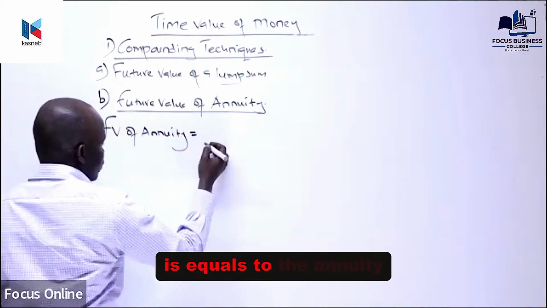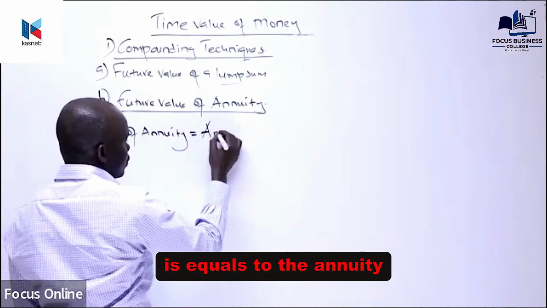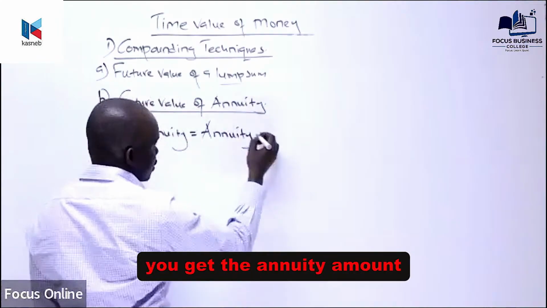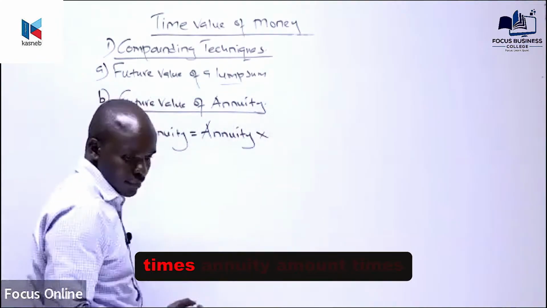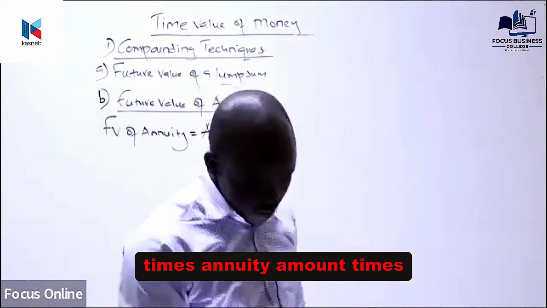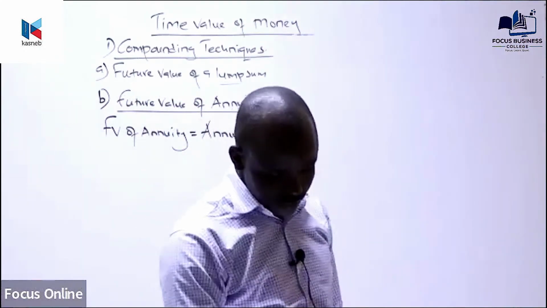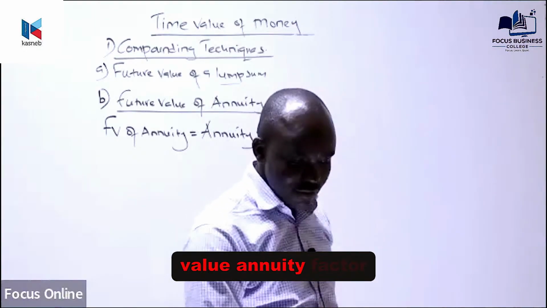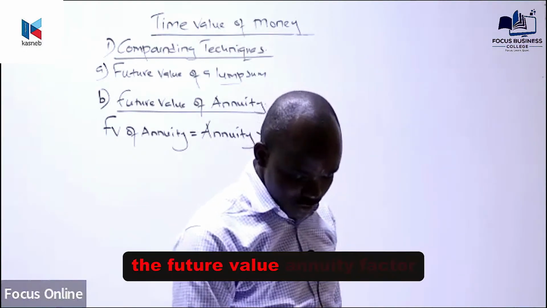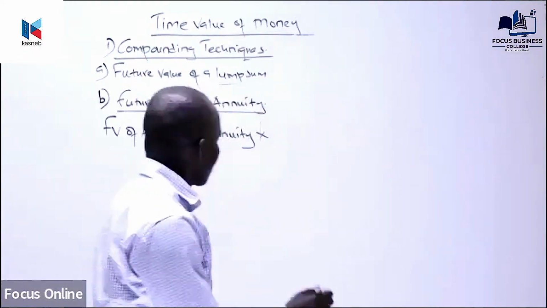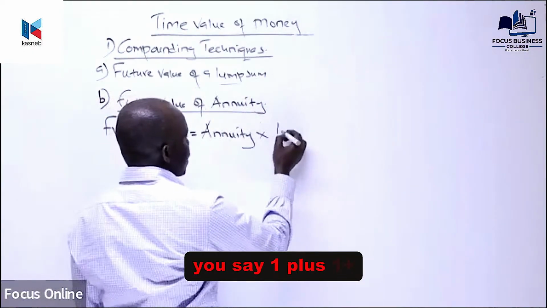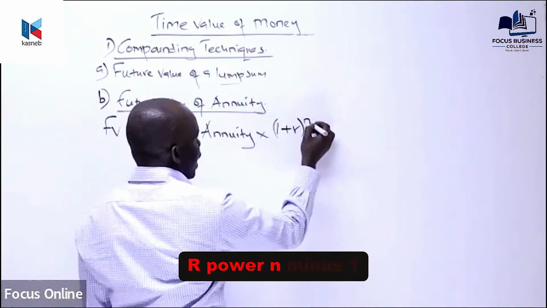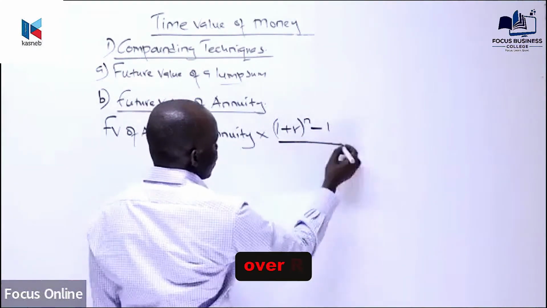Future value of annuity is equals to the annuity amount times the future value annuity factor. The future value annuity factor, you say 1 plus r power n minus 1 over r.